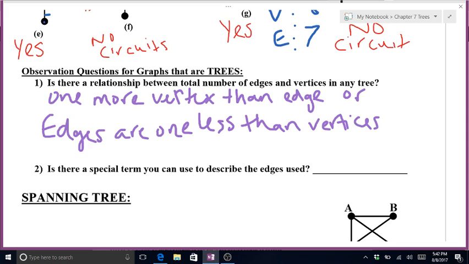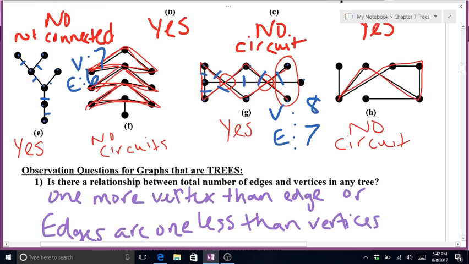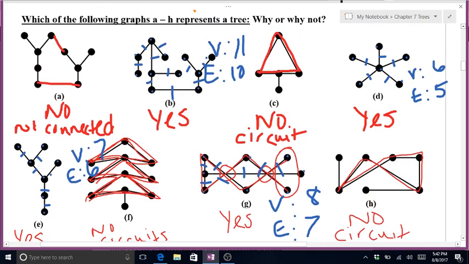In chapters 5 and 6, we learned a special term that represents what we call these edges. Actually, I think the best one to look at here to see if we can come up with a vocabulary word is D. So, what would you consider each one of the edges in graph D? Think about what happens if I remove one of those edges. That makes my graph disconnected.